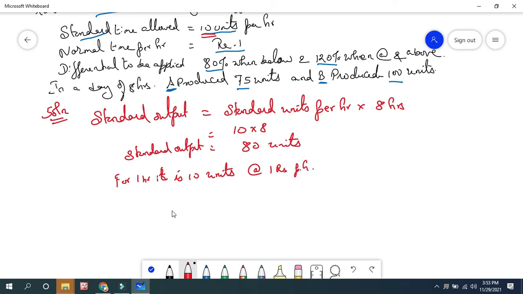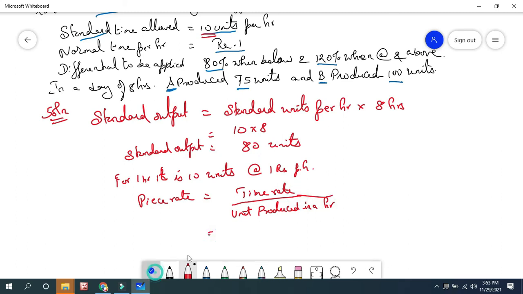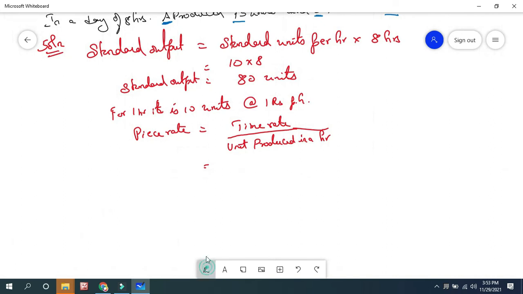Then piece rate is equal to time rate by units produced in an hour. We know the time rate, that is 1 rupee.